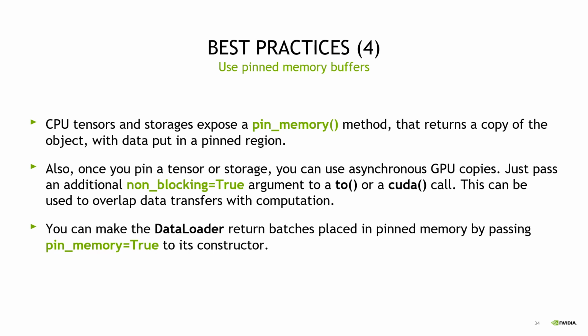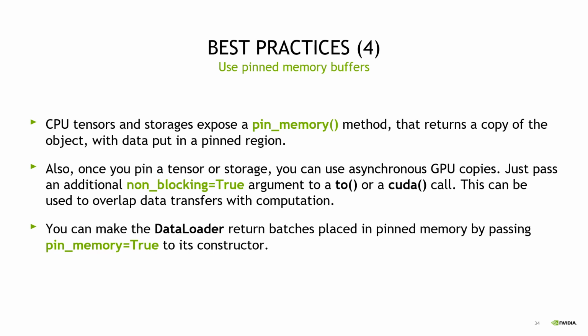CPU tensors can expose a pin memory method that can return a copy of the object to that specific pinned region for data that is in that specific pinned region. If you use a pinned tensor space, you can also do asynchronous data transfers. Just passing the non_blocking equal to true option to the method to and CUDA of your tensor, you can do data transfer overlapping the computation.